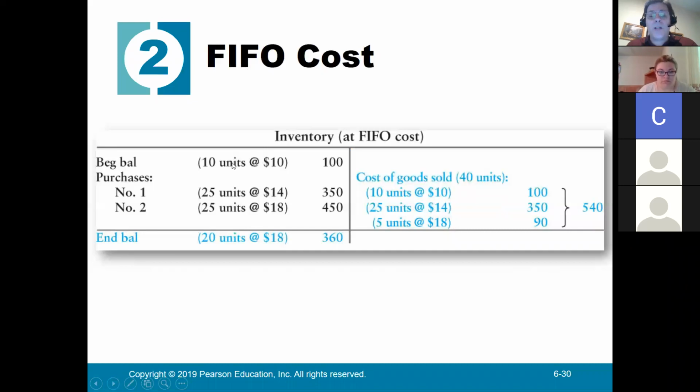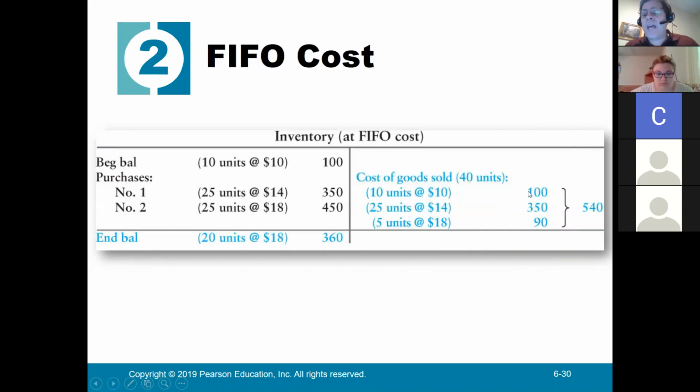We sell the ones in the beginning inventory, 10 of them. We run out of those. We start selling the $14 ones, the next oldest ones, 25 of those. We sell 35 of those. We still had to sell 40, right? So we need 5 more of the $18 ones.